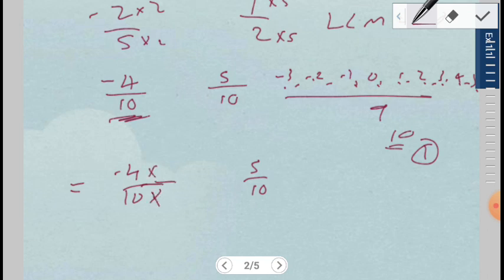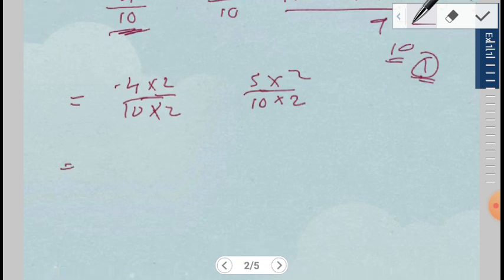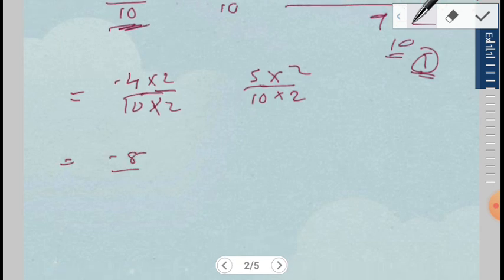So whenever we need more rational numbers, we write more of them: we required one more number, so we write two numbers on both sides. So it becomes minus 8 upon 20 and 10 upon 20.